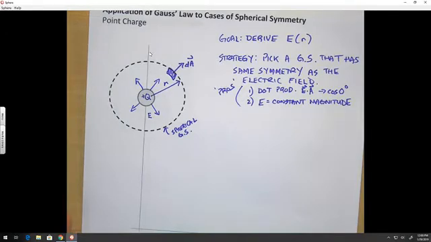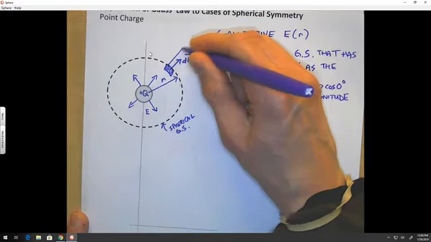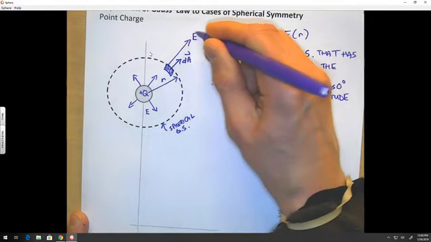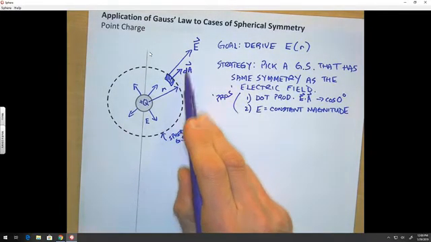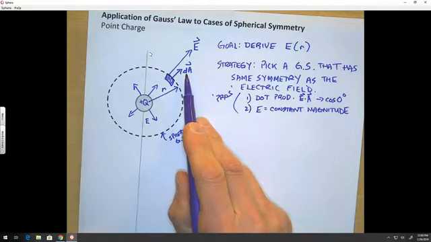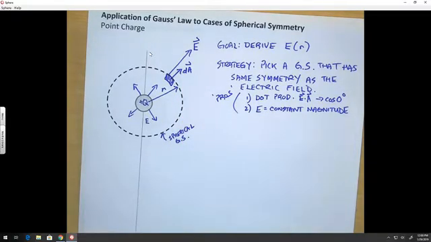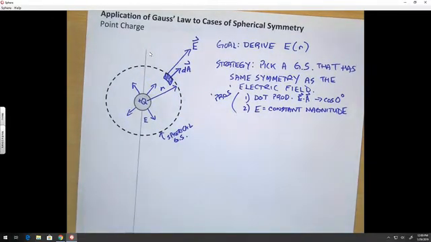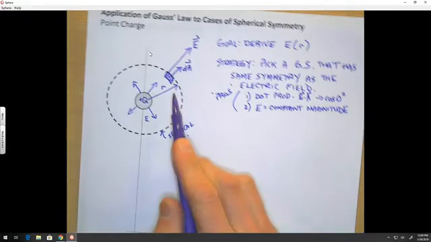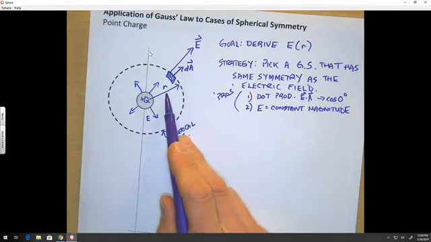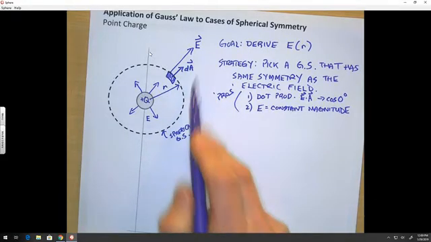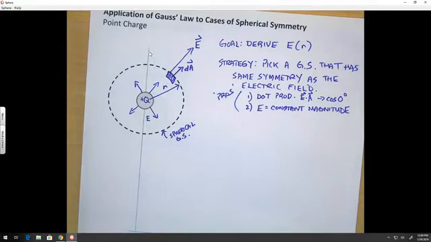That's the same direction that the electric field has. You get the deal there? So if my dA vector and my E vector are parallel to each other, then their dot product is going to be very simple because the angle between them is 0 degrees. And anywhere I go around on this surface, I'm always going to be at the same radius r, so the strength of the electric field should be the same no matter where I am. So that's how I'm getting my two benefits from this.